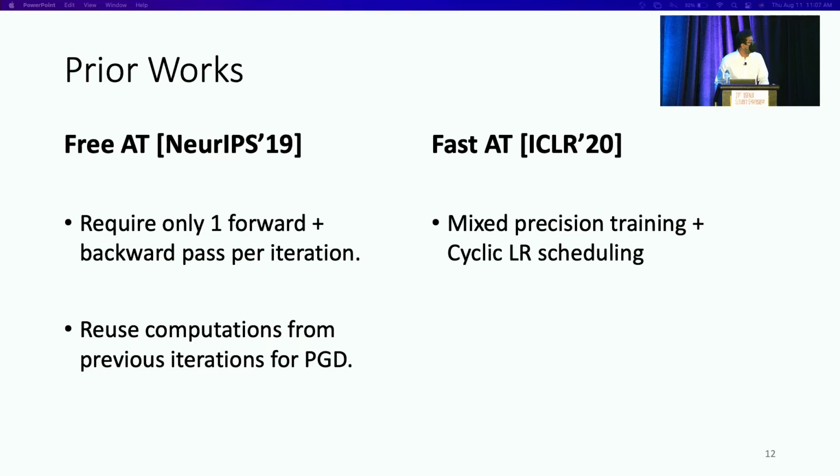And then there's fast adversarial training, which uses the lessons learned in speeding up standard training and applies them to adversarial training. Specifically, they use things like mixed precision training and cyclic learning rate scheduling to speed up adversarial training.